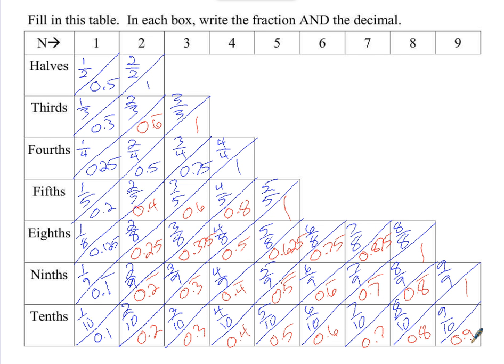Okay, I want to talk about a few of these. First of all, let's notice the difference between ninths and tenths. How are they the same? How are they different? Let's talk about same first. Look. Yeah, we wrote down exactly the same numbers for the decimal. How are they different?